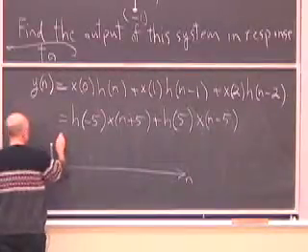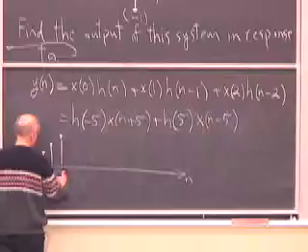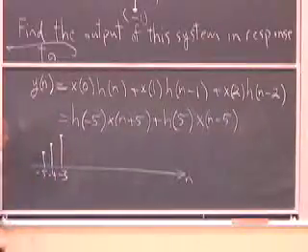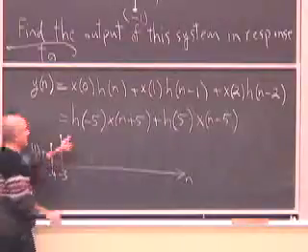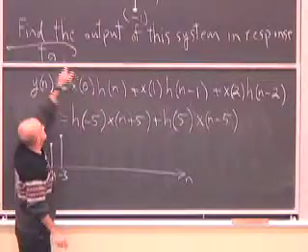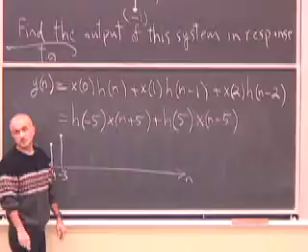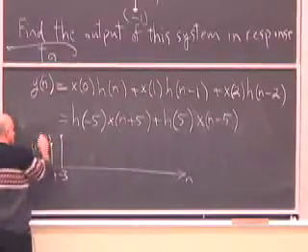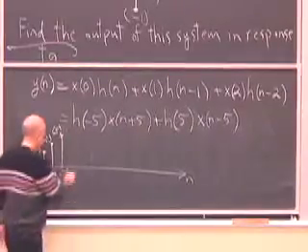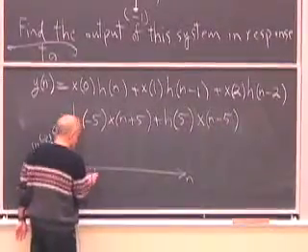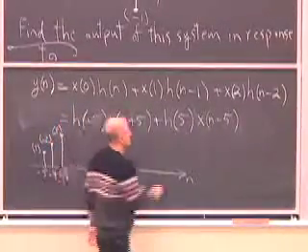Very good. So this is x[n plus 5], and we're scaling it by h[minus 5], but h[minus 5] is 1.